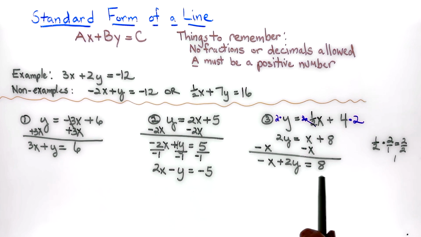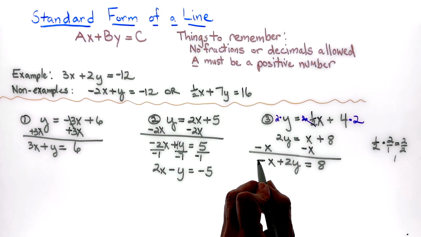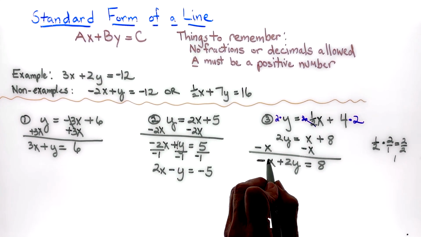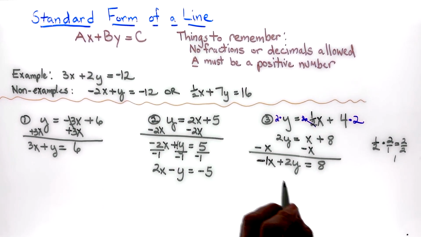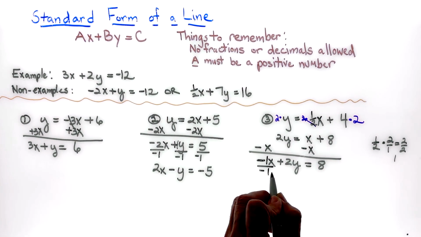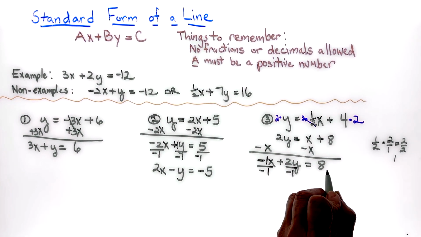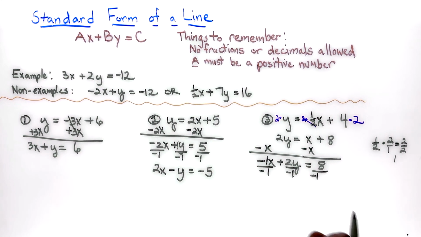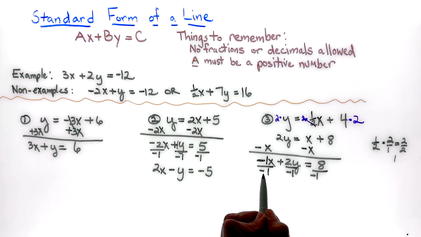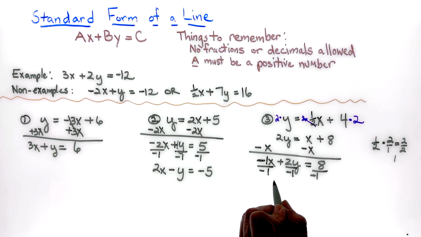They're all whole numbers now, so I'm okay, no decimals, but oh no, there's a negative in front of my x, and that's like a negative 1. So I have to divide everything by negative 1 because our front variable with x must be positive. So negative 1 divided by negative 1 is positive 1.